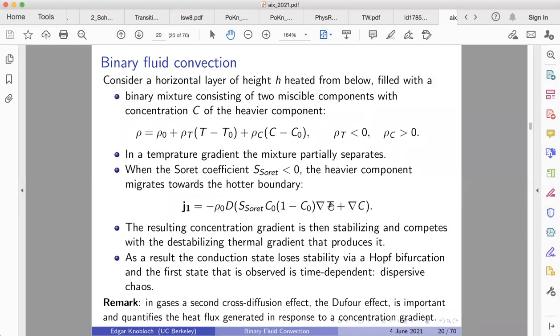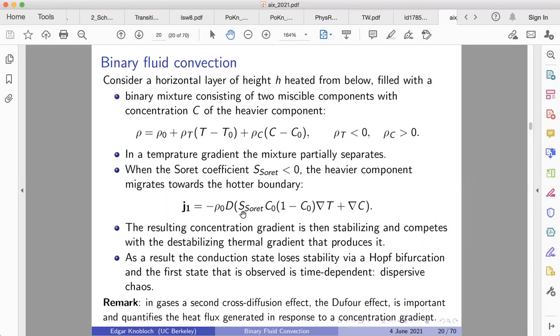And the coefficient of this term is proportional to the so-called Soret effect. And I'm going to be interested in non-zero values of this Soret effect, and therefore the situation where I have this natural separation of the heavier and lighter components of the mixture in an imposed temperature gradient.